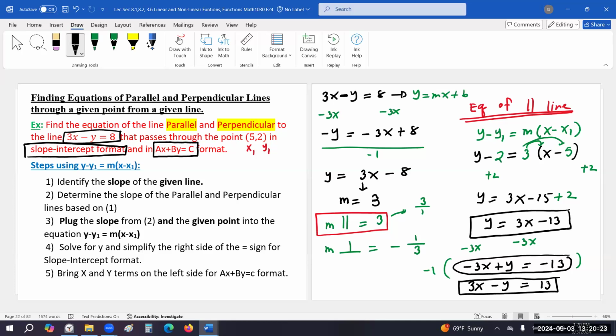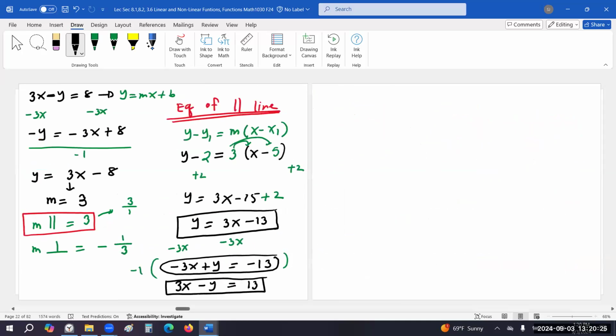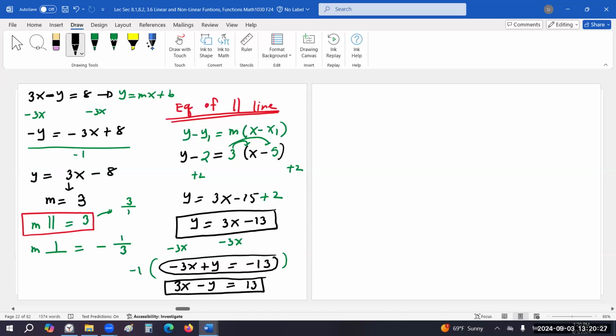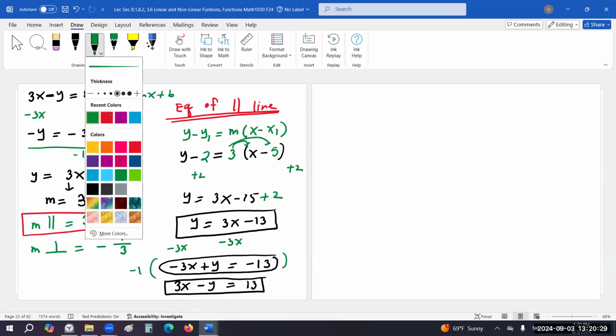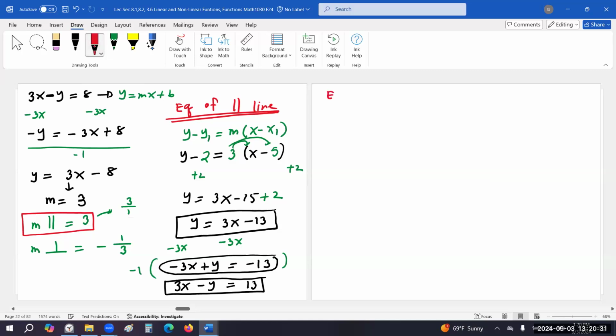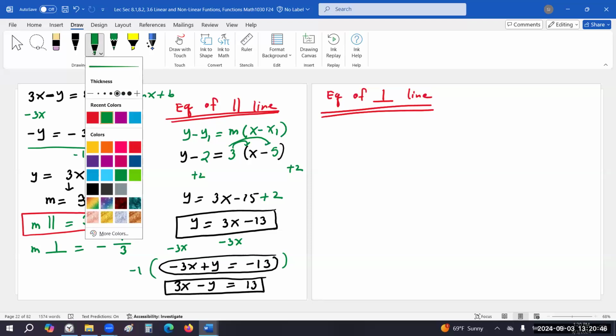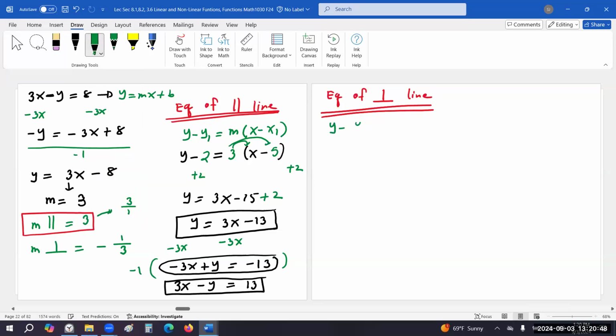Now let's see what we get for the equation of the perpendicular line. We do the exact same thing. We start with the equation, point-slope format: y minus y1 equals slope times x minus x1.